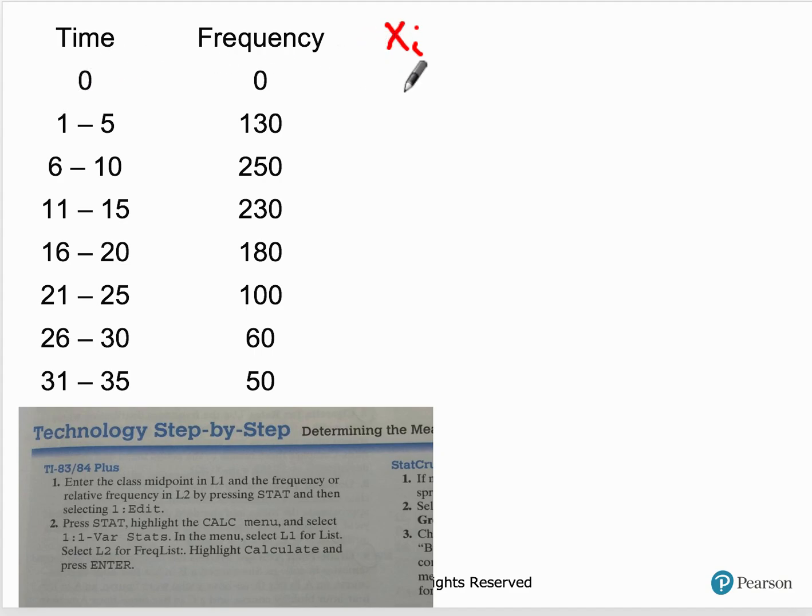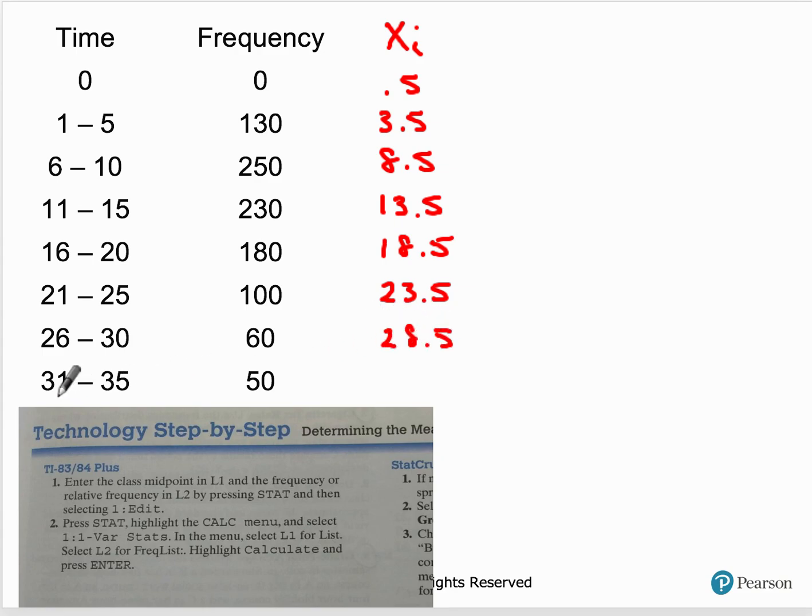Okay, 1 plus 0 divided by 2. 7 divided by 2. 17 divided by 2. 27 divided by 2. 37 divided by 2. 47 divided by 2. 57 divided by 2, 28.5.